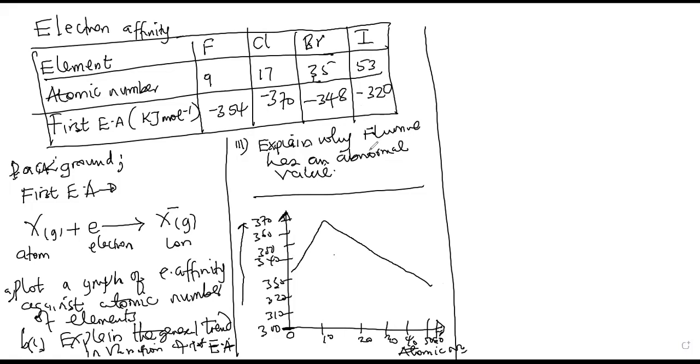the fact that all of them have negatives, you can neglect the signs, okay? So when you're explaining the trend, the general trend in variation of first electron affinity, meaning that there is a general trend, say generally, first electron affinity decreases.